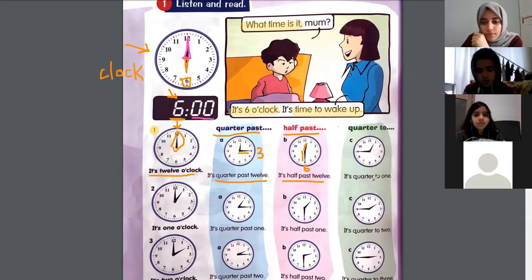It's 1:45. It's 1:45. The long hand is at 9. So 1:45 is the same as saying ساعة واحدة إلا ربع. It's the same meaning.